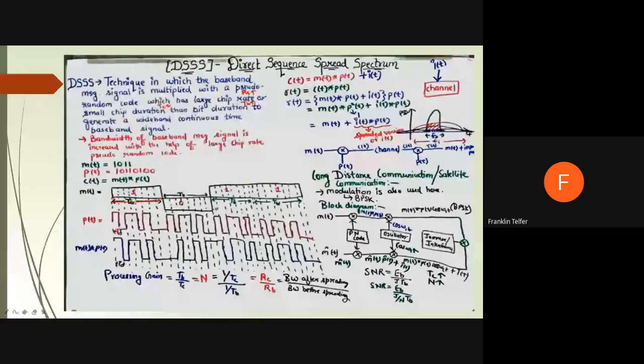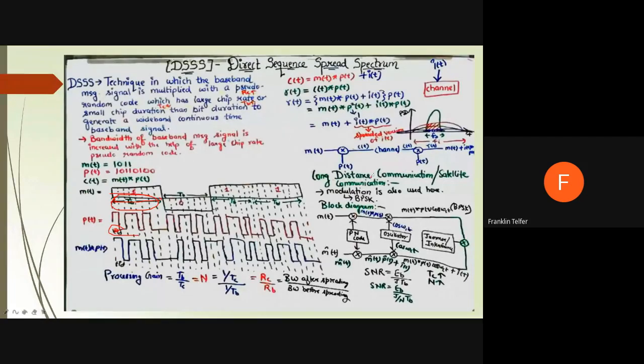The bit duration can be taken as TB from this point, and the chip duration can be taken as the number of chips being allocated. So from p of t, the chip duration is one chip. Likewise, we have to calculate the chip rate RC.